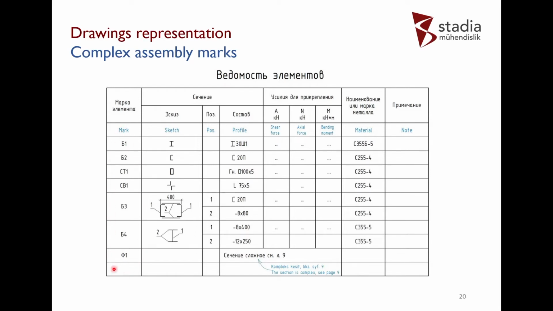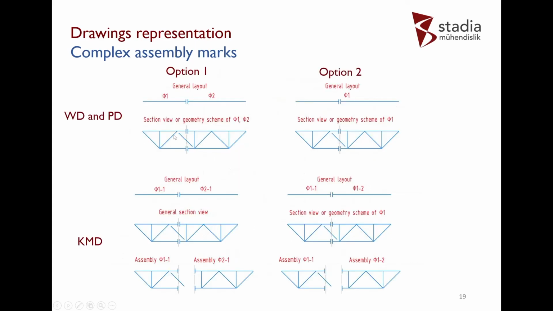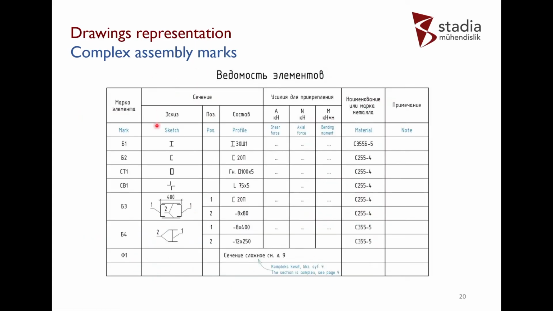In the first row we have the mark of the element, such as F1, for example. This is a sketch of this mark's position. In this case, our mark consists of two channel profiles connected with each other with a plate.